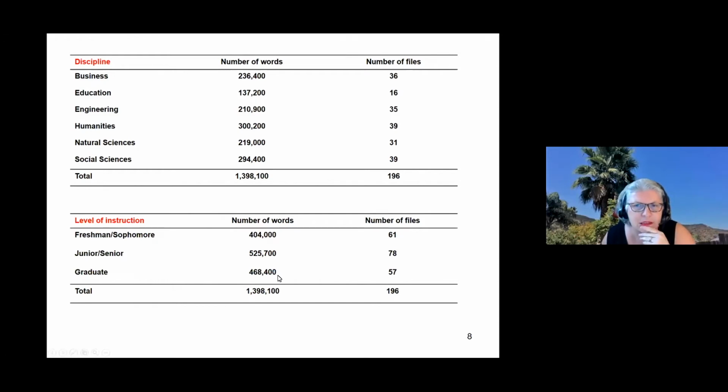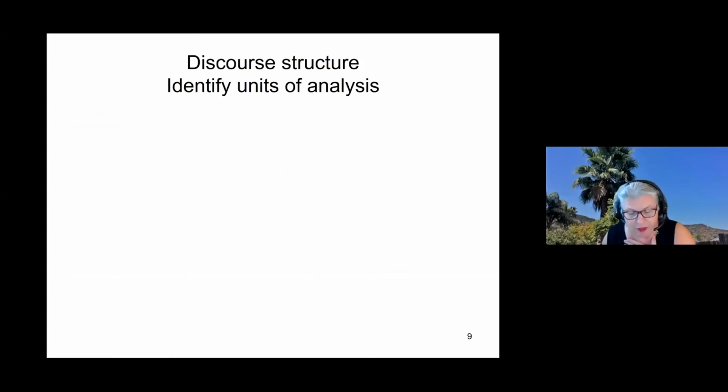Then I'm going to zoom in on one particular discipline and see how variation is similar or different in the two different geographical contexts. But as I mentioned, the first thing we have to do is segment discourse into subunits, so we can talk about discourse structure in the first place.